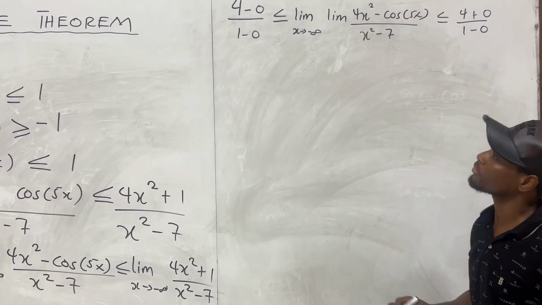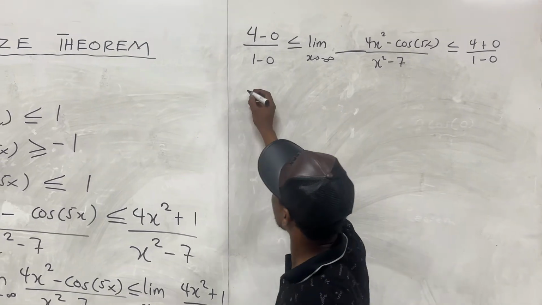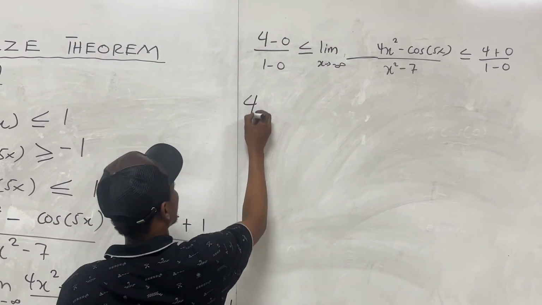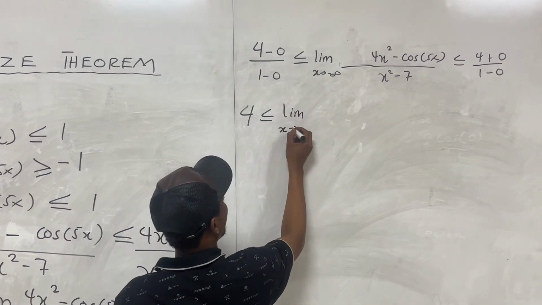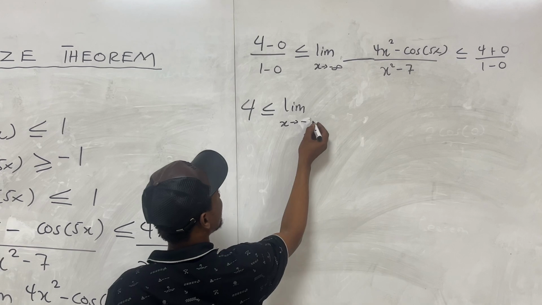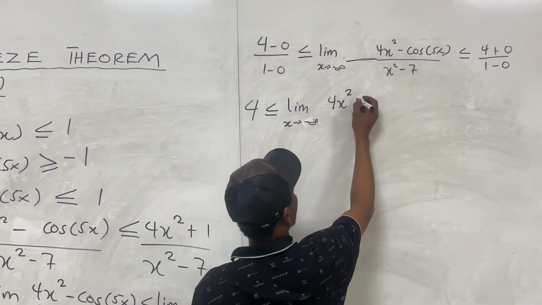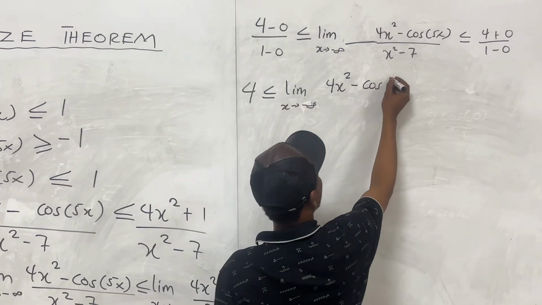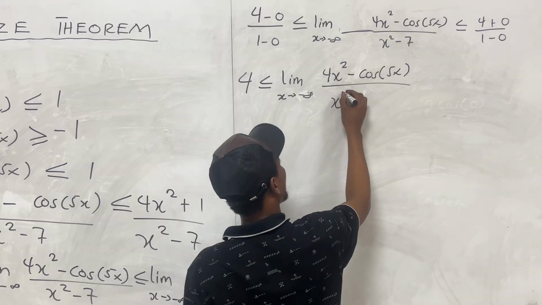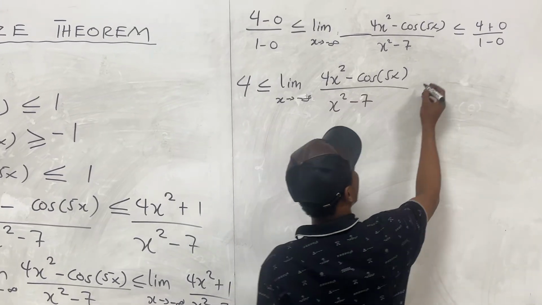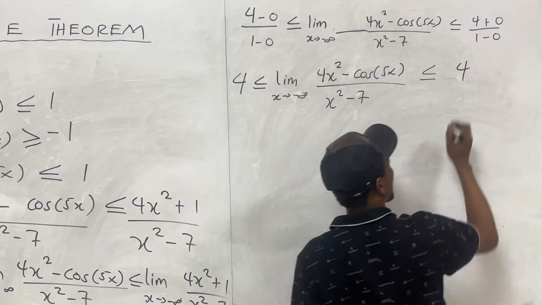So the whole of this gives 4, less than or equal to the limit of the middle function, less than or equal to 4.